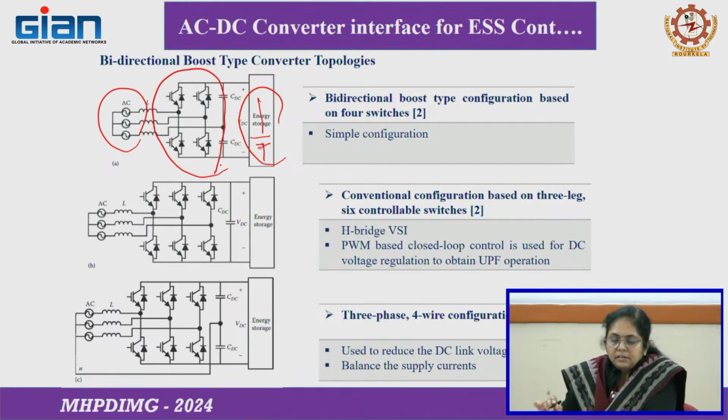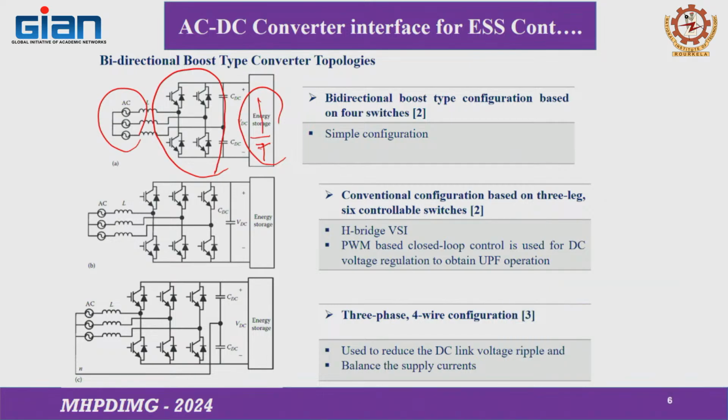This is the topology for a bidirectional boost. Power flow is possible bidirectionally: the grid can supply or take, or the energy storage can be charged or discharged. So we need these bidirectional converters, and the switch has to be operated bidirectionally, so it must have its body diode or feedback diode, an internal diode, so that it can operate bidirectionally.